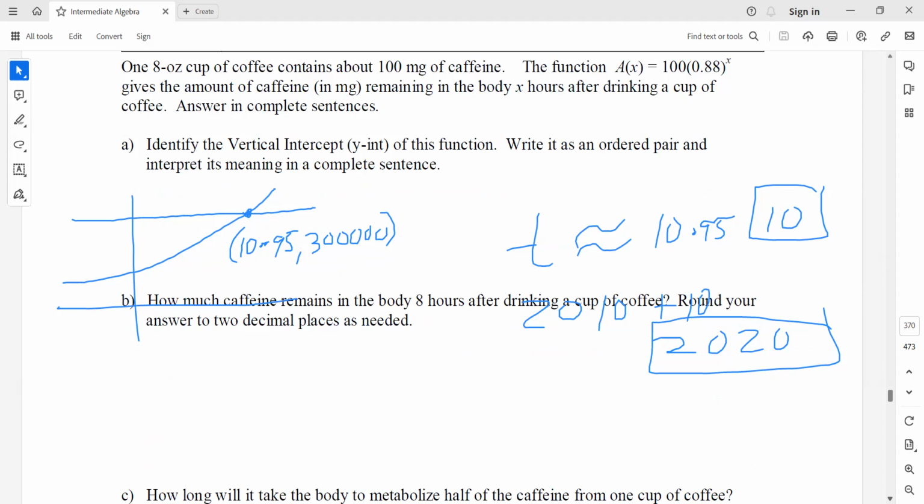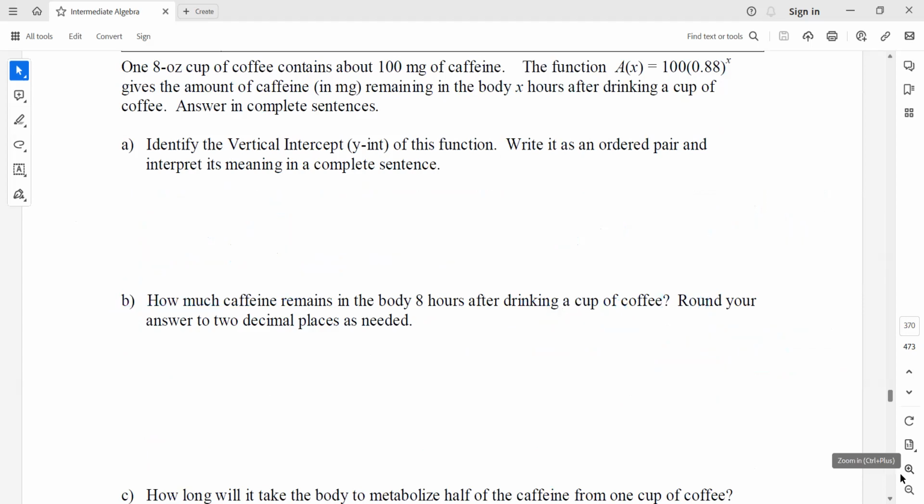Okay. Now, let's look at the next question. 1 8-ounce cup of coffee contains about 100 mg of caffeine.